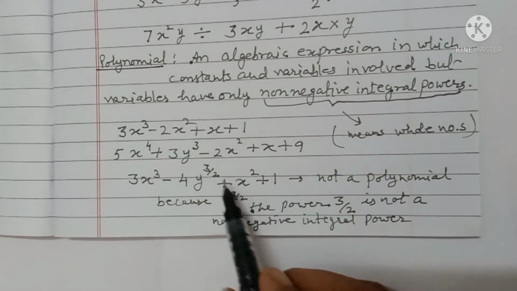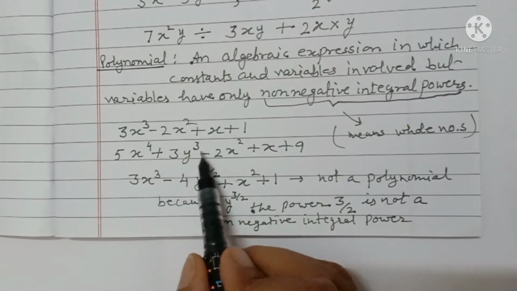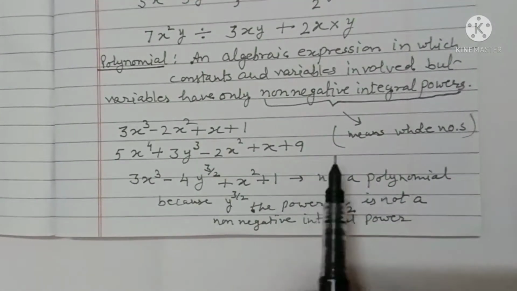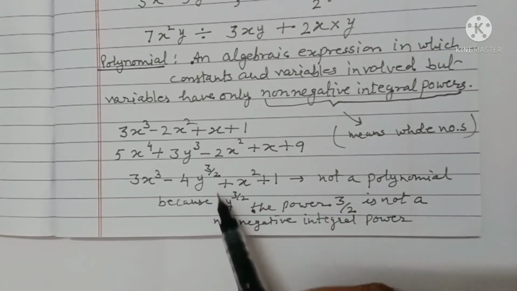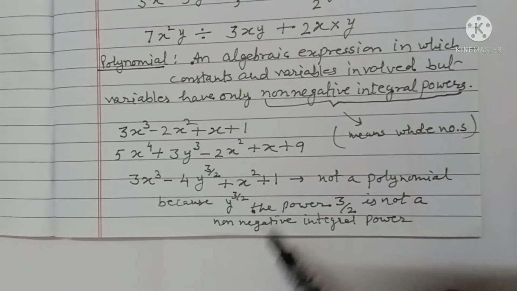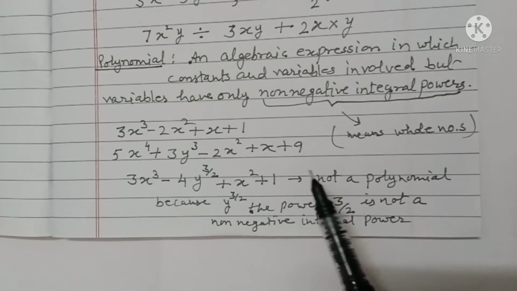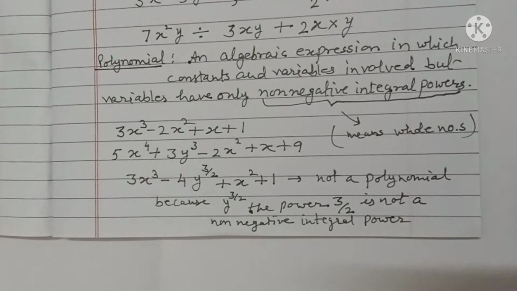So expressions with negative powers or powers in the form of fractions are not called polynomials. This is the concept of the polynomial.